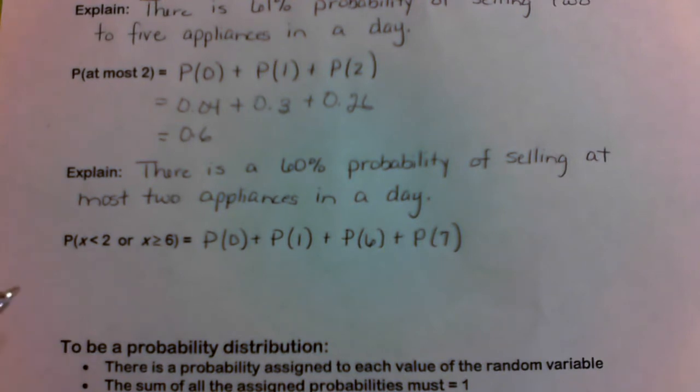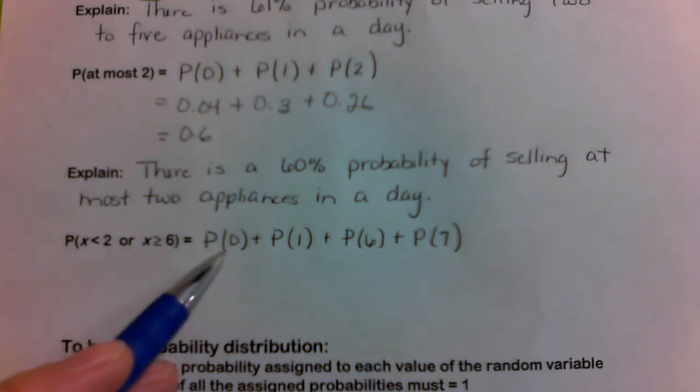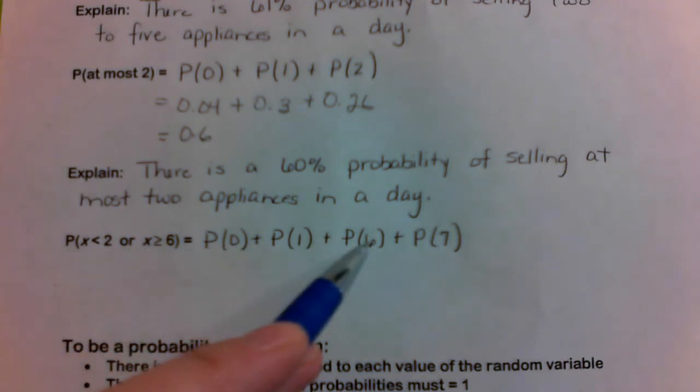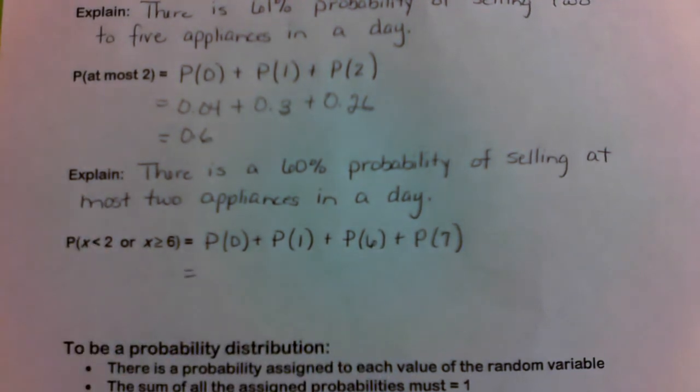And then the last one is that the number of appliances is less than 2 or greater than or equal to 6. So that would include 0 and 1, it would include 6, and it would include 7. So again, I'm going to go to the table and I'm going to find each of those probabilities.